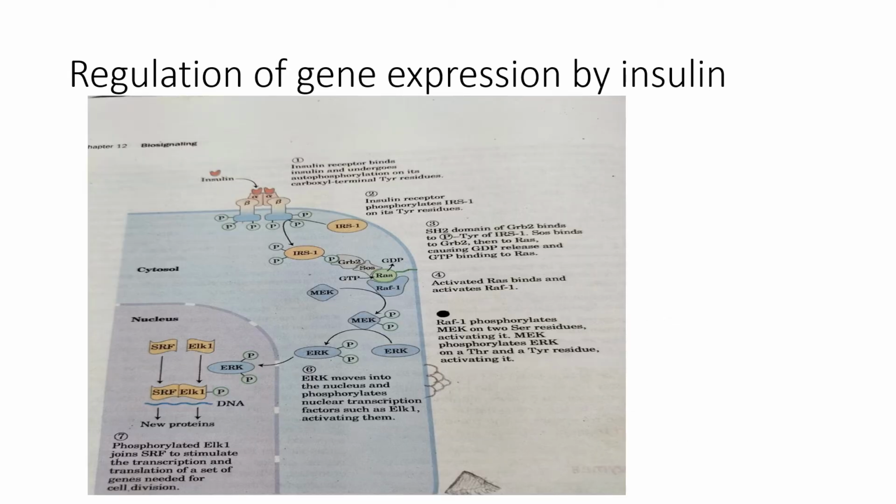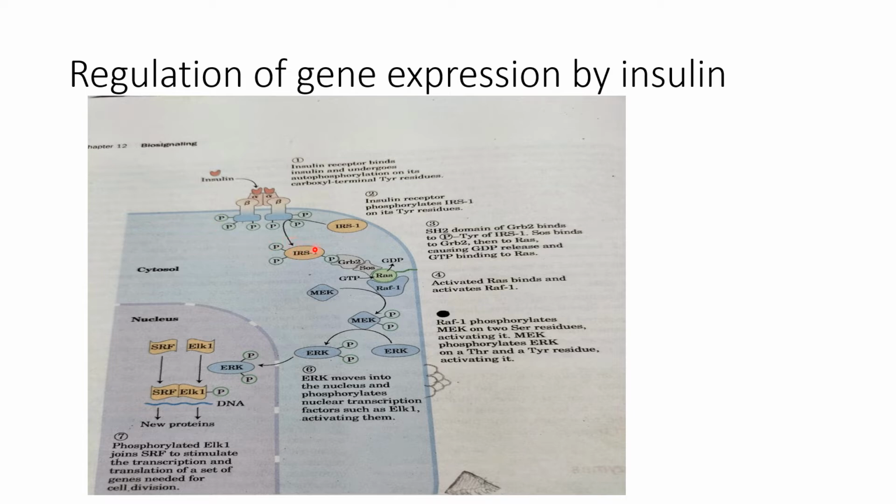Now what happens? See this picture, which I have taken from the Lehninger textbook, so you can check there. This is the alpha subunit, this is the beta subunit. When insulin binds at the alpha side, the beta subunit gets phosphorylated, autophosphorylation, and this activates another kind of enzyme.